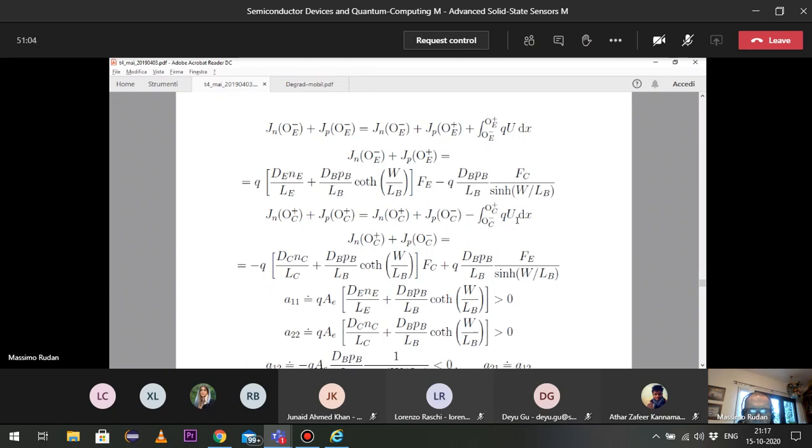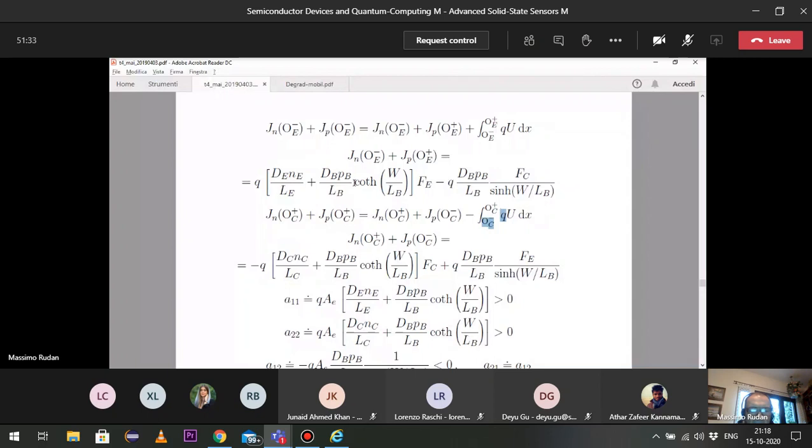For the moment we put the recombination current aside, we calculate the other two terms. The other two terms actually have been calculated already. So we put them together and we obtain these two new expressions for the collector current density. And again, we extract F_C and F_E, okay?